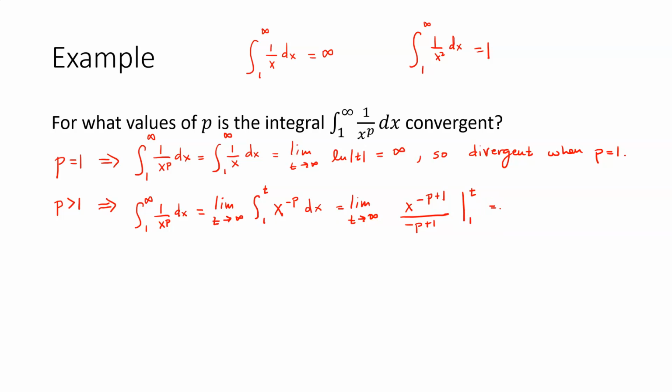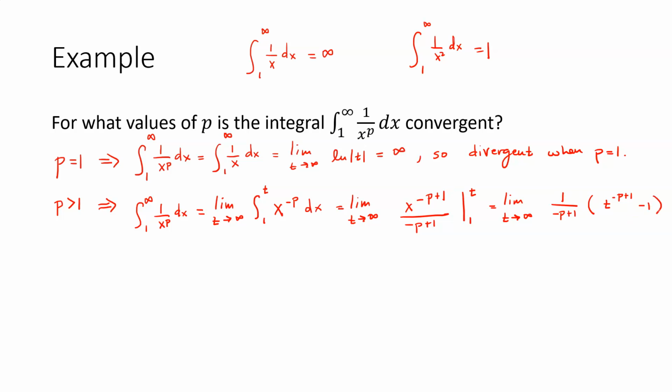And so evaluating it, we'll have t to the negative p plus 1 over negative p plus 1. Or here, actually, what I'll write is 1 over negative p plus 1 times t to the negative p plus 1. And then when I evaluate it at 1, notice that 1 to any power is just going to be 1.